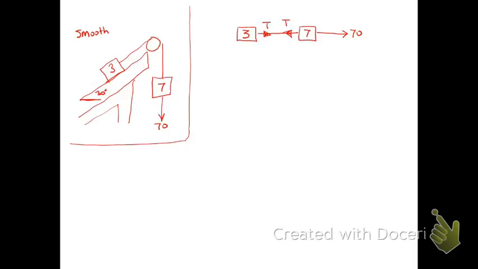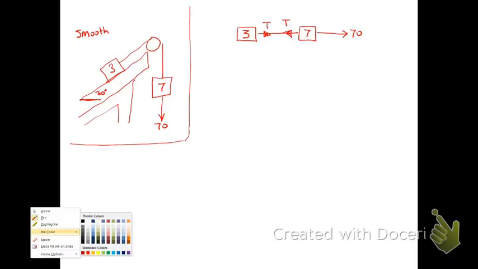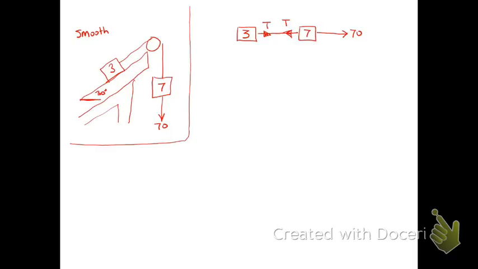Now, I'm going to change coloured pens because I've got to do a bit of thinking here. I got 30 newtons there, and I got Fn there. I don't care about the Fn because it's perpendicular to my direction of motion.